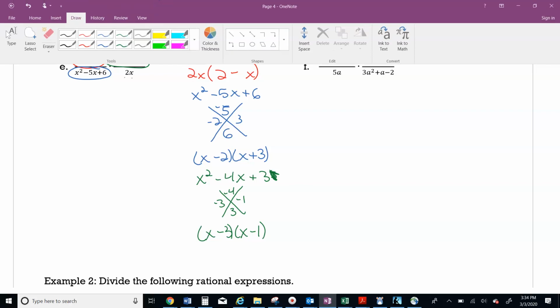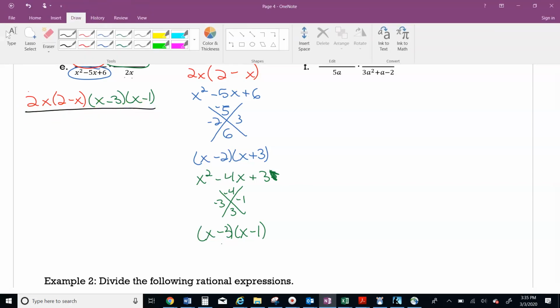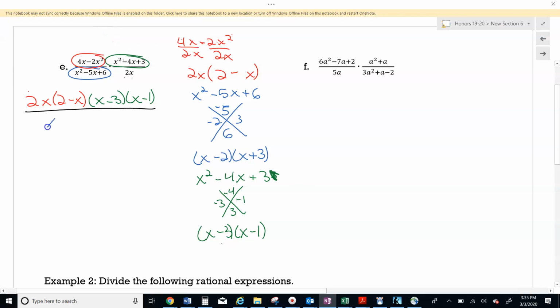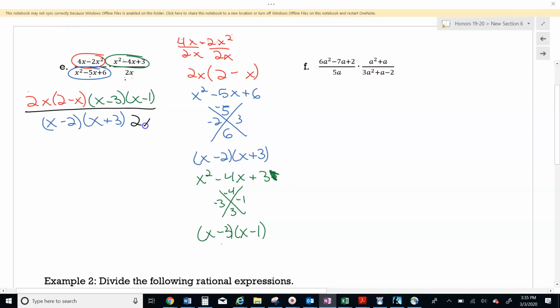It's just 2x. So writing down all my factors, I have 2x times 2 minus x. And then also in my numerator, I have this green part, x minus 3, x minus 1. In my denominator, I have x minus 2, x plus 3, this blue part, and also this leftover 2x.